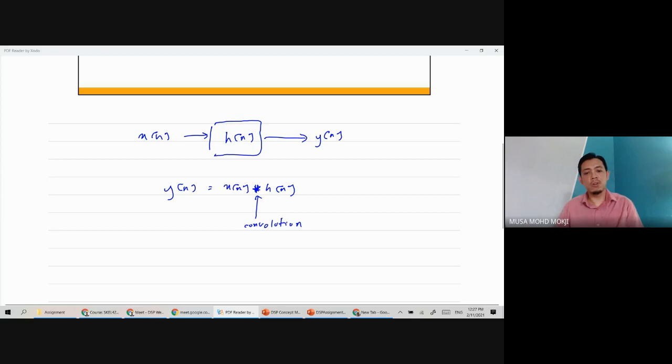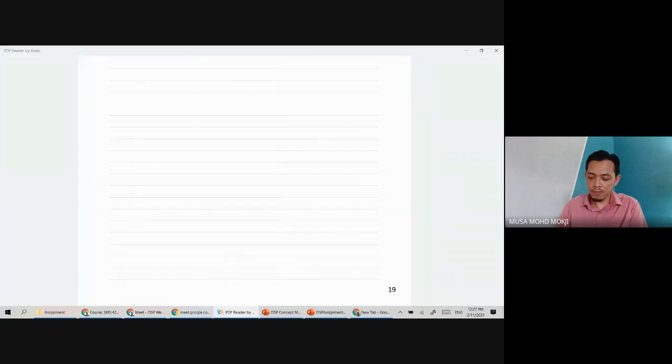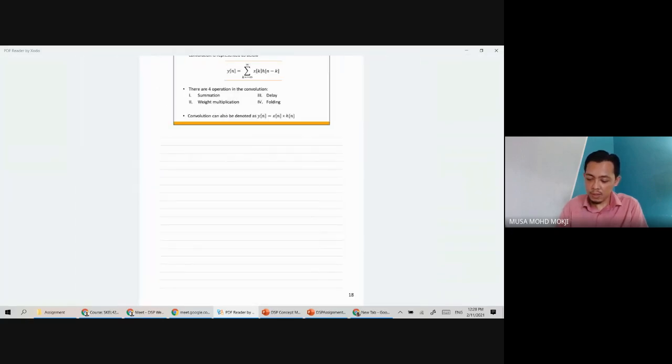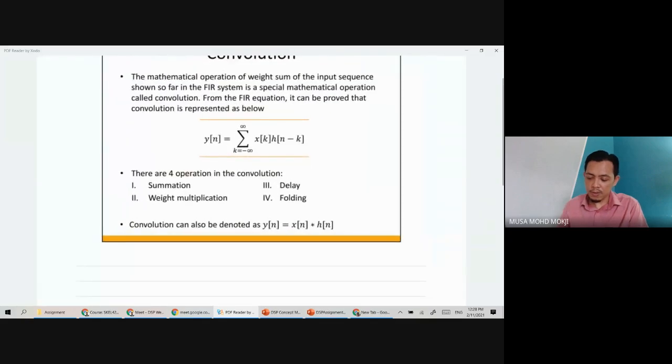It's the symbol for convolution. Let's see the equation again. This whole equation, you have xk, and then you multiply with hn minus k. So this whole equation can be simplified into this one. A very special process.